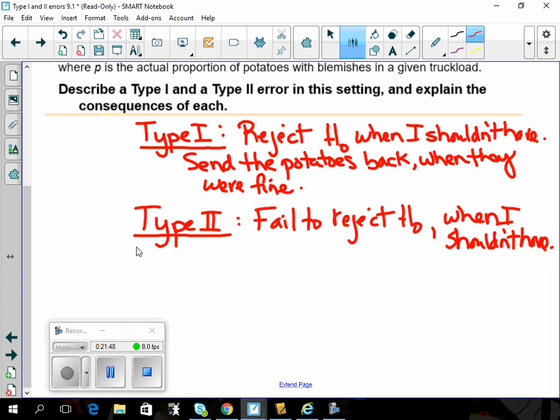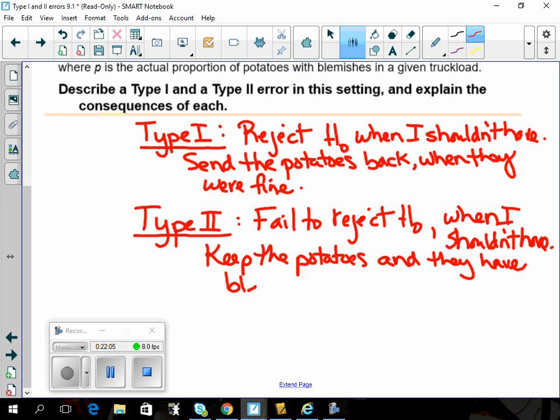So I'm going to be producing bad potato chips, right? I made a wrong decision. So I'm going to keep the potatoes and they have blemishes, or they were bad, or they're yucky potatoes. You ever get like a brown speck on your potato chip? Grosses me out, right?